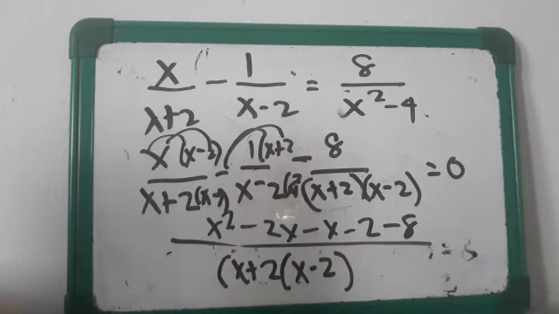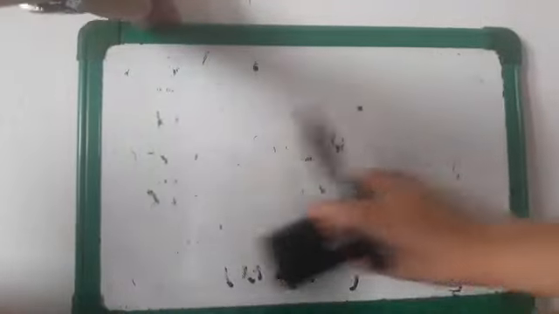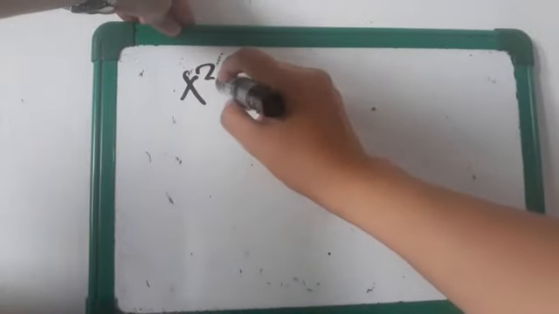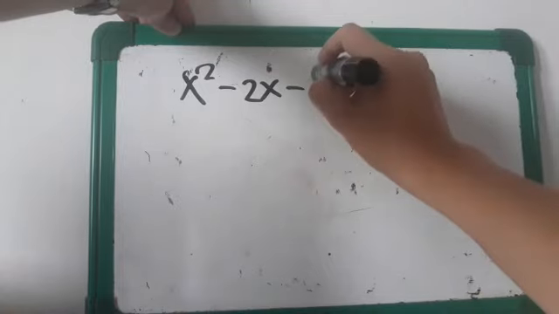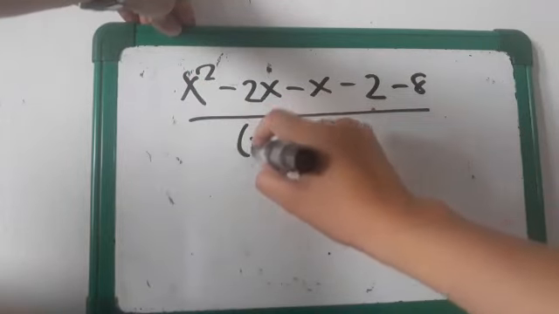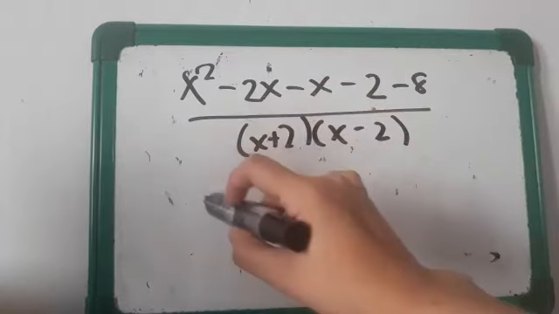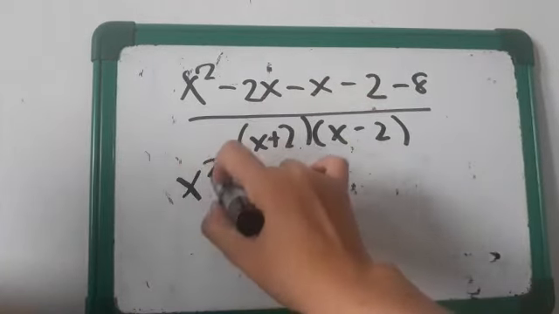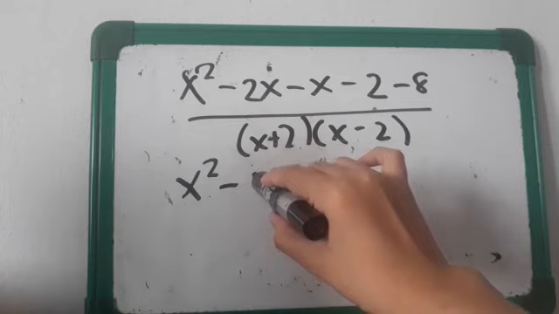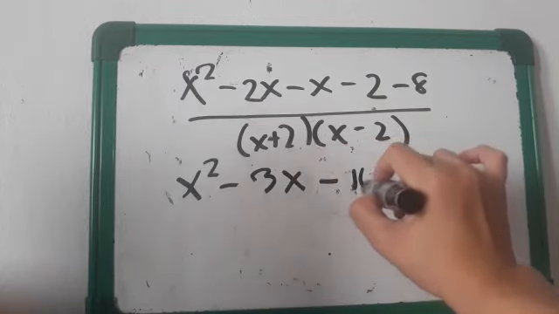So, ito, teka lang. Buburahin ko na, ha? Para yung next step na tayo. X squared minus 2x minus x minus 2 minus 8 over x plus 2 times x minus 2. Simplify natin yung nasa taas. X squared minus 3x minus 10.